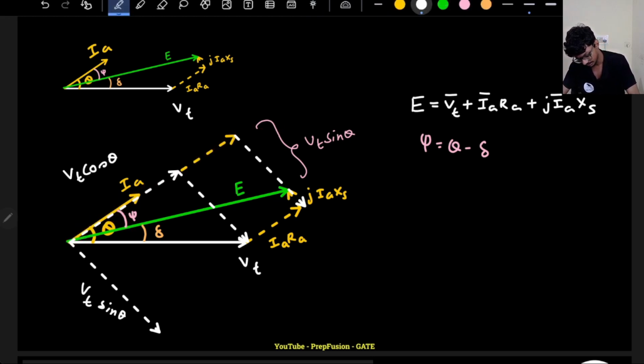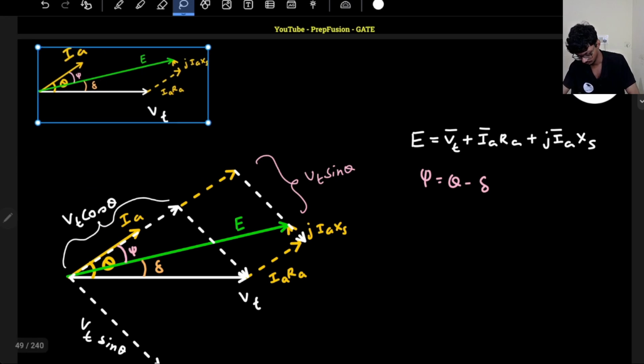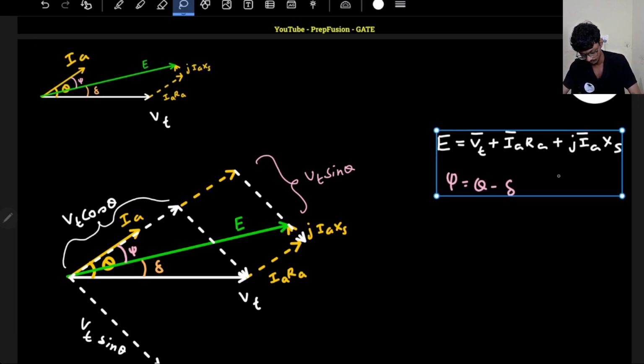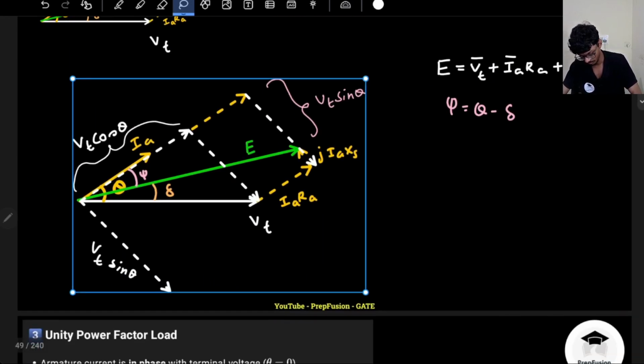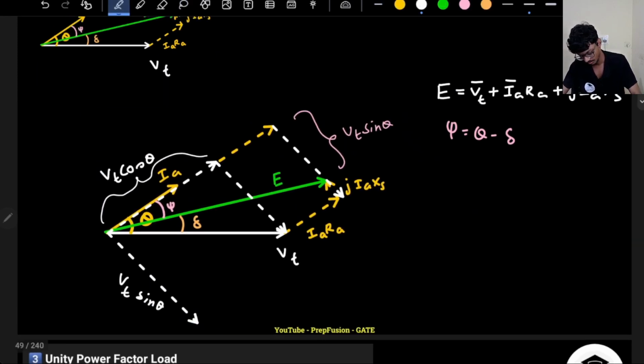So this will basically be E cos psi, correct?